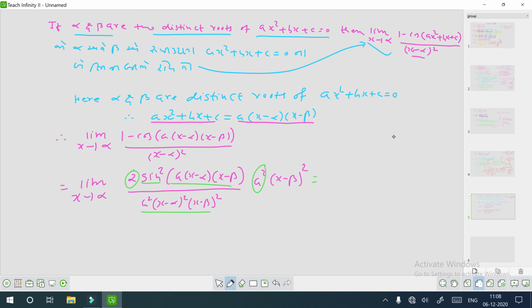So that is equal to 2a square outside, limit of sine square of some angle or some function over that function square.